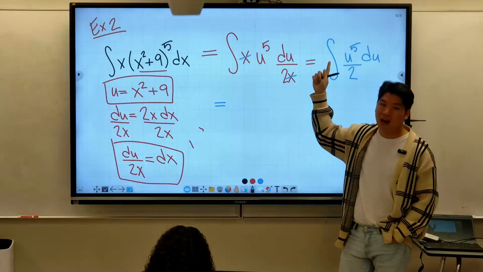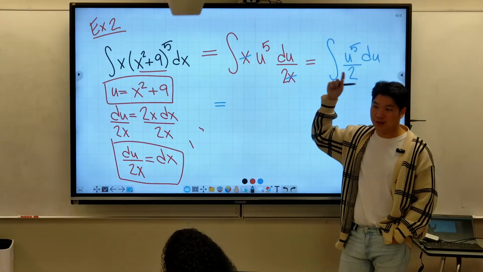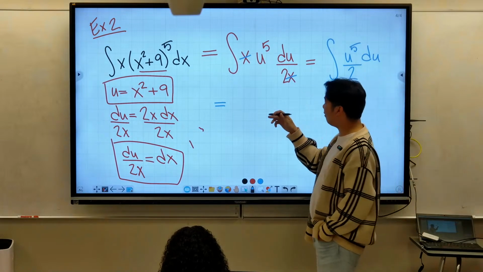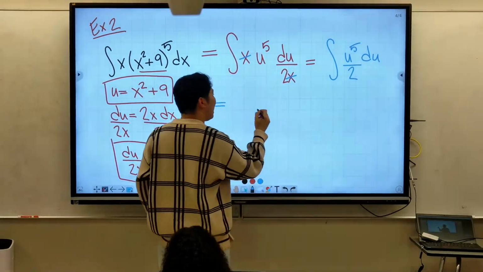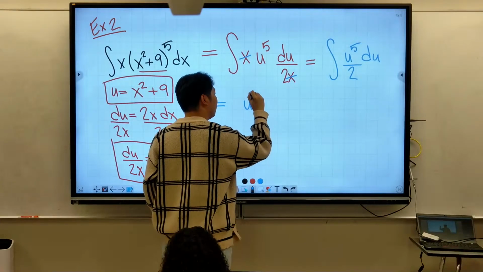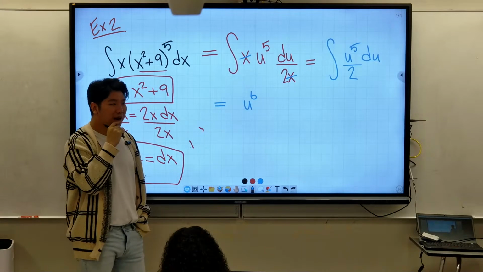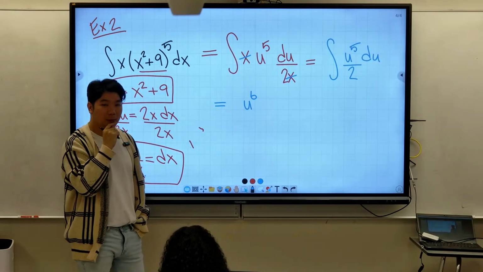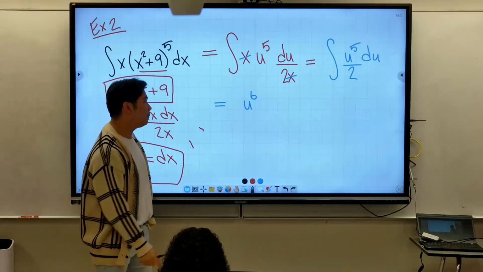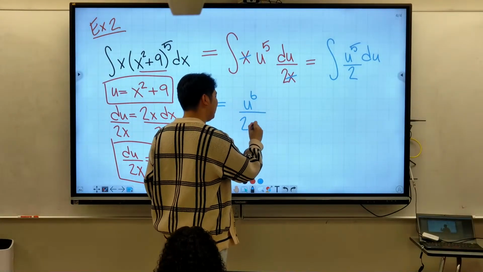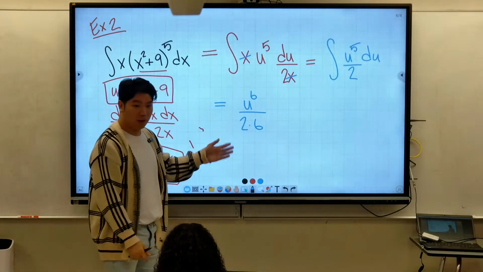So let's use the power rule for integration. What is the power rule of integration telling me? What do I do to the power? Yeah, we add 1 to the power. So 5 plus 1, we get 6. And then do I multiply by that new power or divide by the new power? Yeah, we divide by the new power. If I divide by 6 on the bottom, that gives me 2 times 6 on the bottom. 2 was already there.